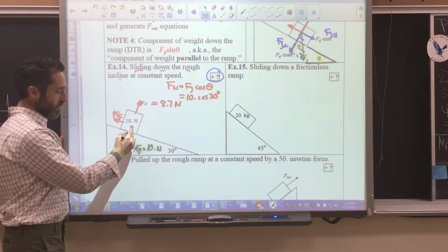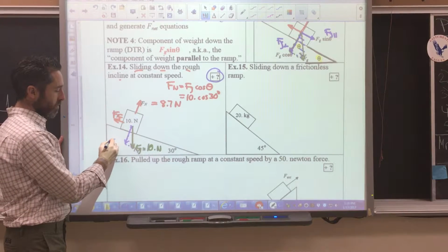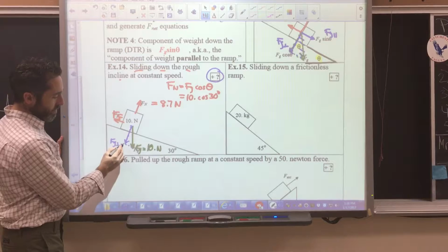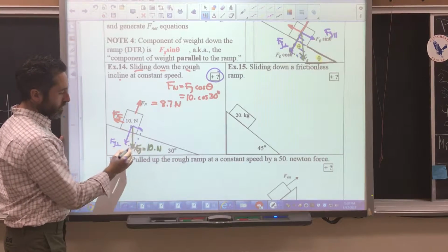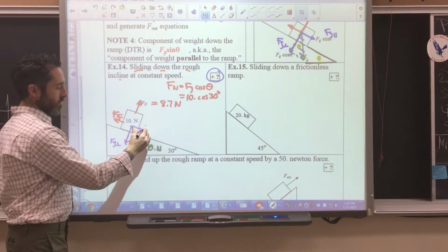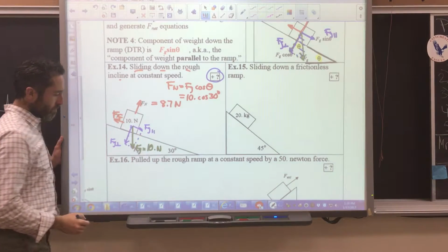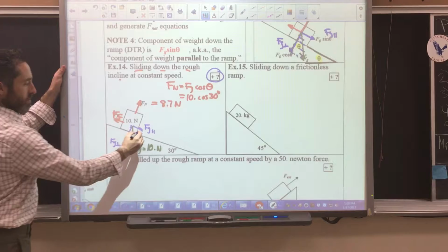And this right triangle has a perpendicular component, we call that FG perpendicular, and a parallel component, we'll draw it over here, because I like drawing from the center, that's the FG parallel, and we can find those out.